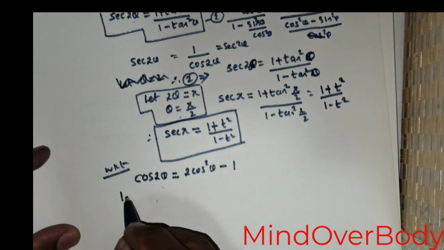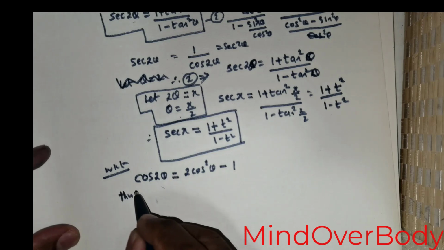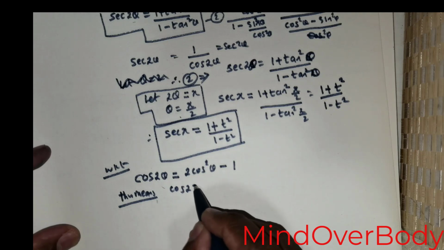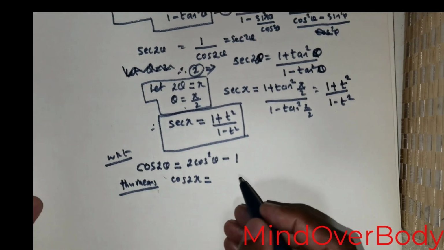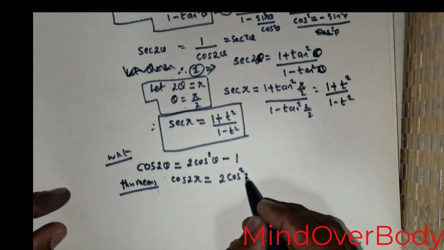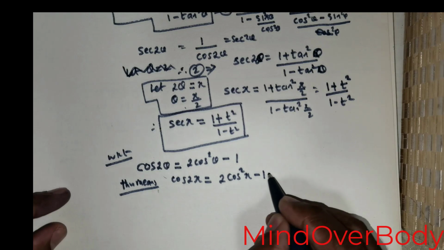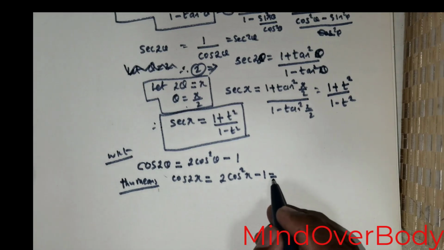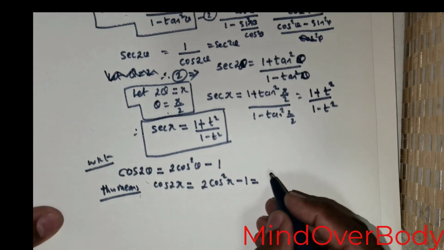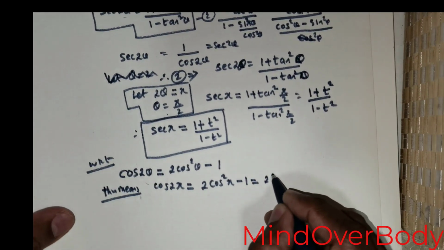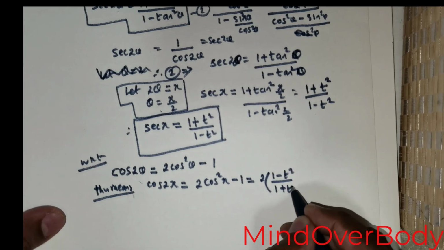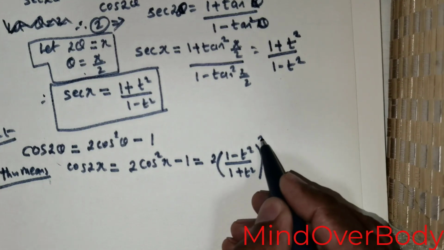So cos 2x is equal to 2cos²x − 1, and substituting the representation for cos x, this is 2 times ((1 − t²) divided by (1 + t²)) raised to the power 2, minus 1.